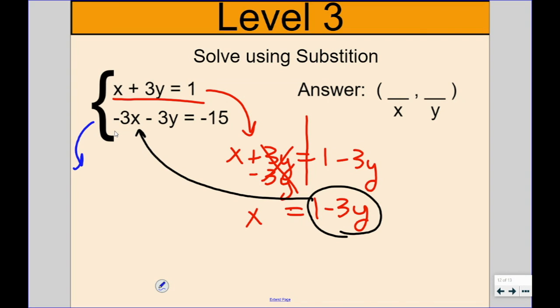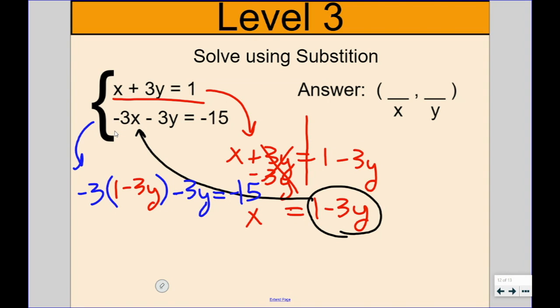So we have here negative 3 times x, but that's 1 minus 3y, we substitute it, minus 3y equals negative 15.